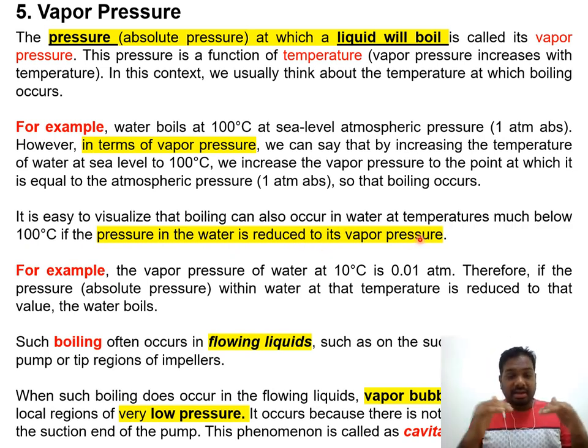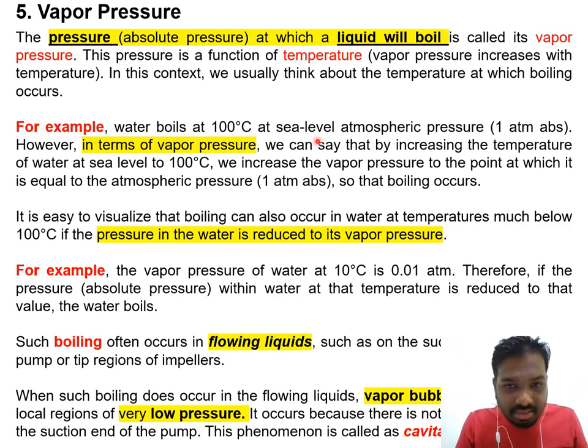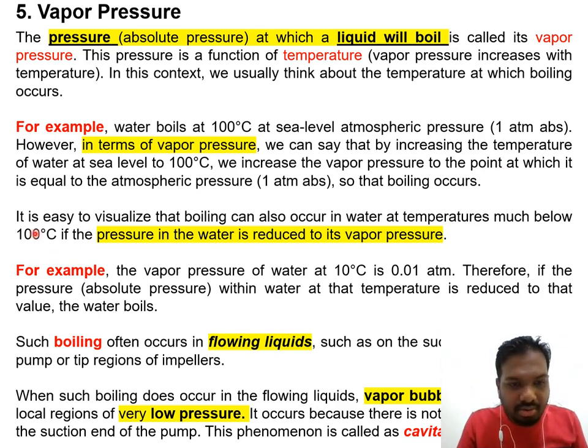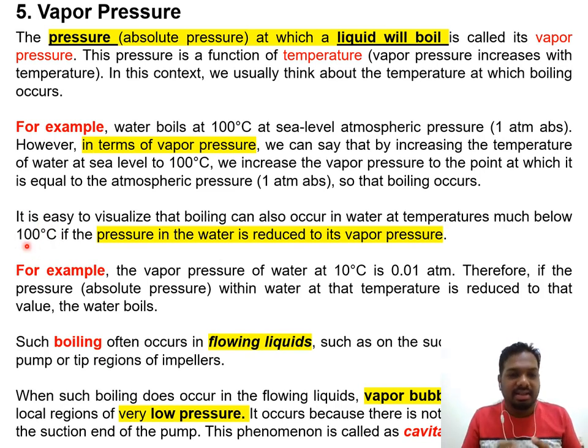Initially we saw this line, which is at sea level, and sea level is 1 atm. Maybe on top of a cliff or mountain, the pressure will be different. So you do not necessarily need 100 degrees Celsius to make the water boil. It can be maybe 80 degrees Celsius, and the water will start to boil.